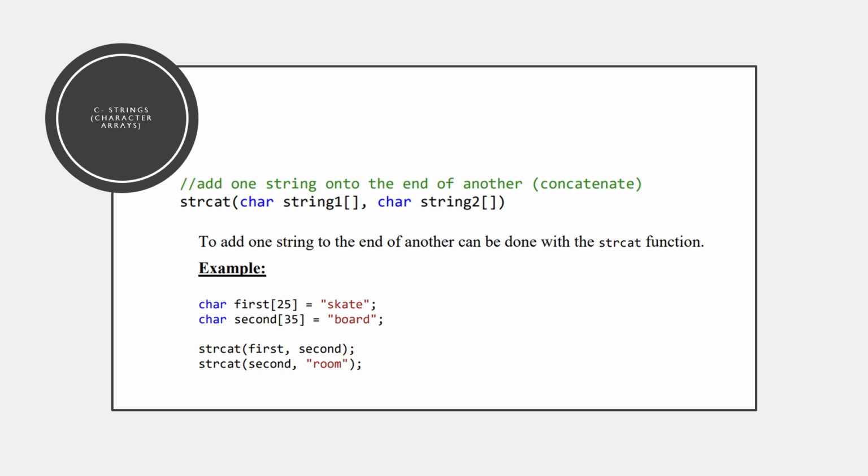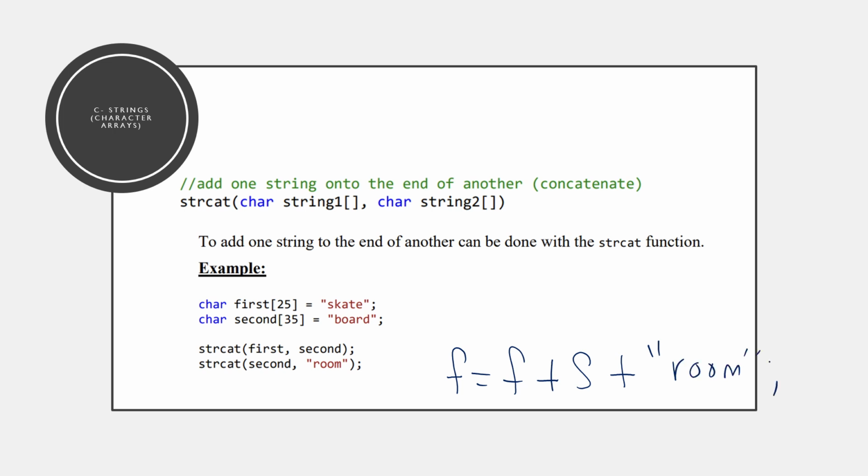All right, so here is concatenation. Here's another example of concatenation, because in C++ you can say F equals F plus S plus room.